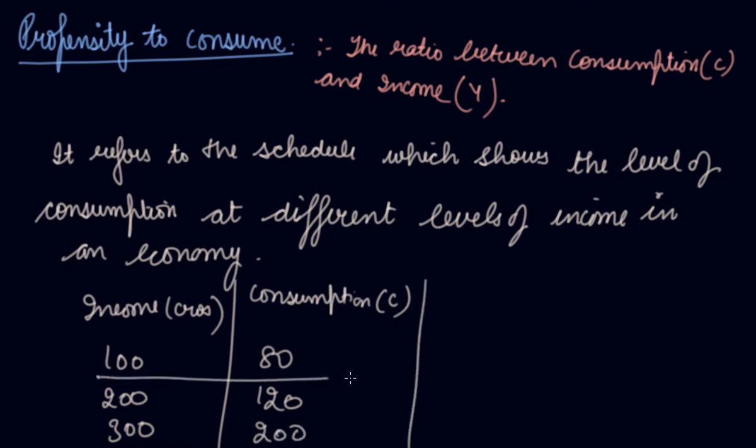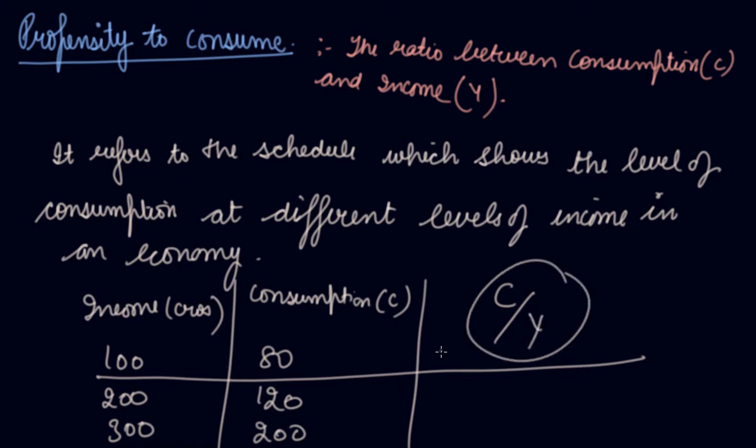So the propensity will be the ratio of your consumption over your income. So this is the ratio. Here we can find out 80 divided by 100, 120 divided by 200, 200 divided by 300. So this is very easy. This is your propensity to consume.